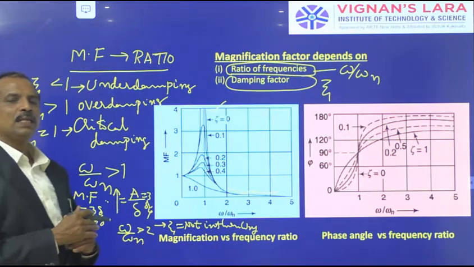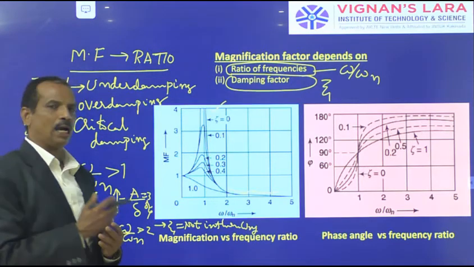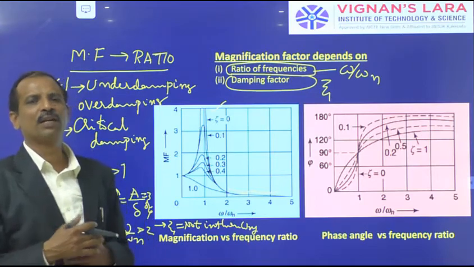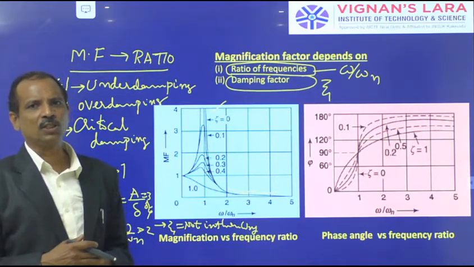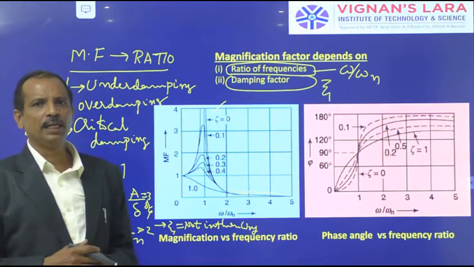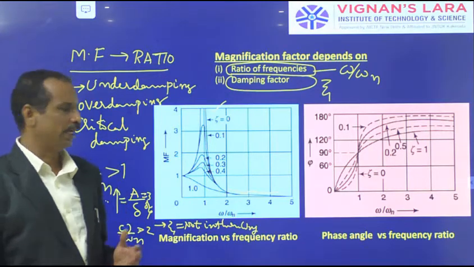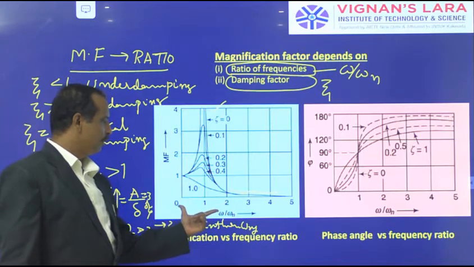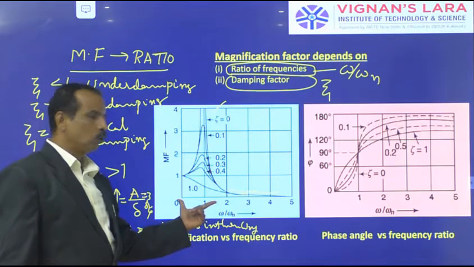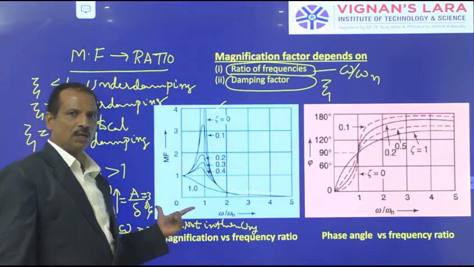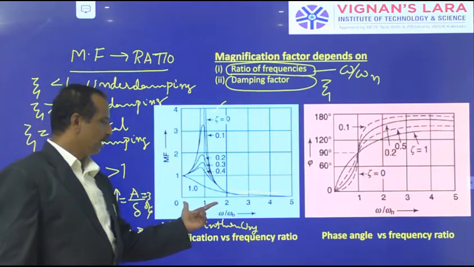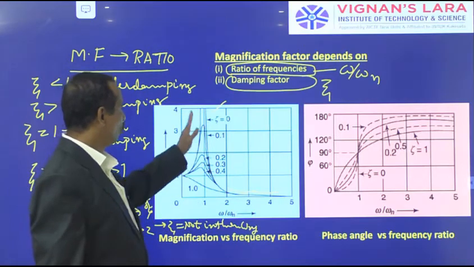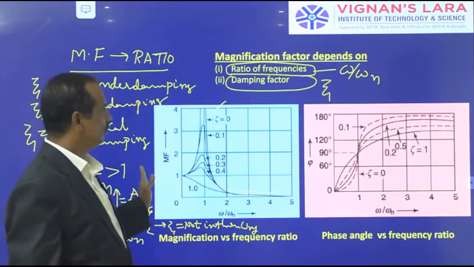So if your equipment is running at high frequency compared to its natural frequency, it is immaterial how much damping you are providing. It only matters when omega by omega n is less than 2. That means when you are running your equipment at lower speeds with respect to its natural frequency, only then will zeta influence. Okay?